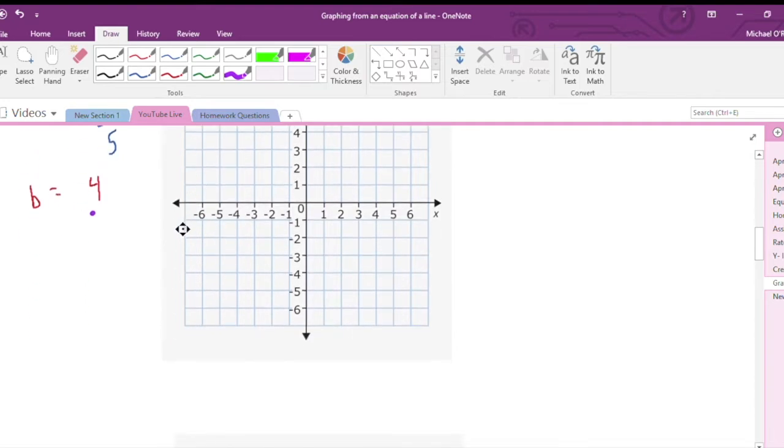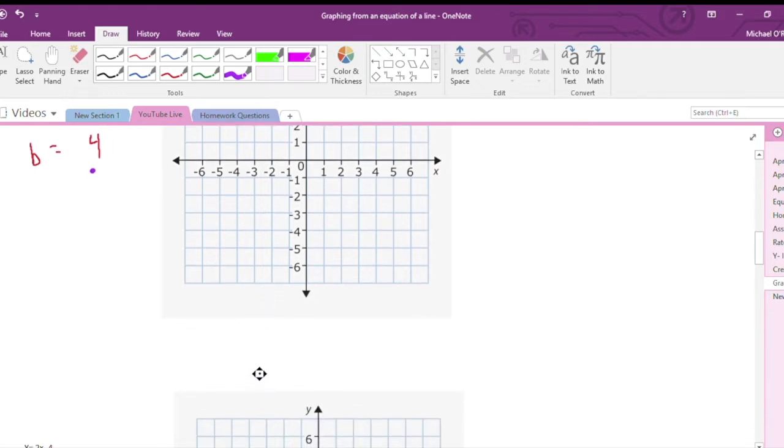One second as I figure out why my pen's acting all weird. It's entered mouse mode.